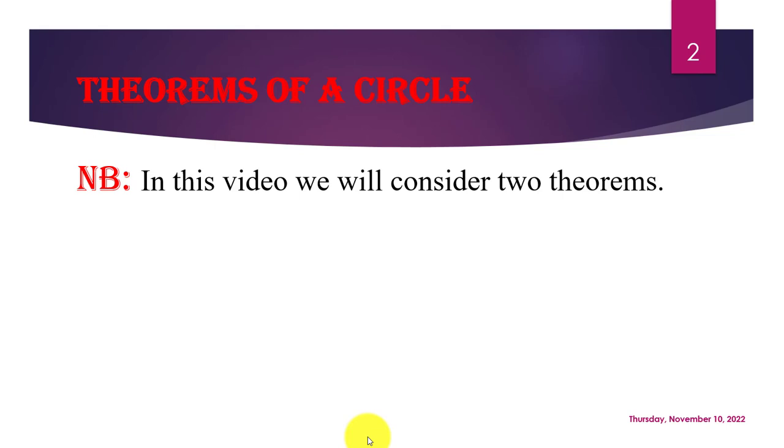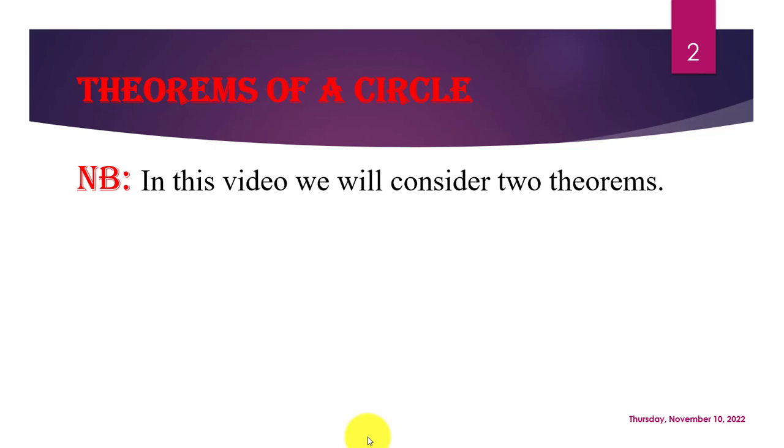The second one states that the angle subtended at the center of a circle by a chord or an arc is twice the angle subtended by the same arc or chord at any point of the circumference.